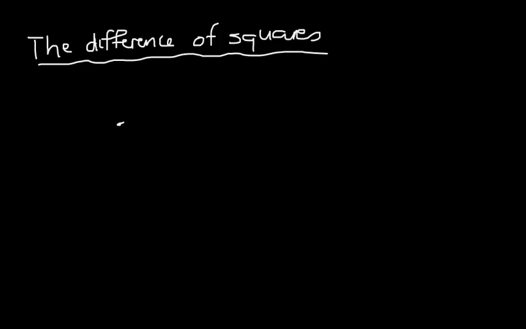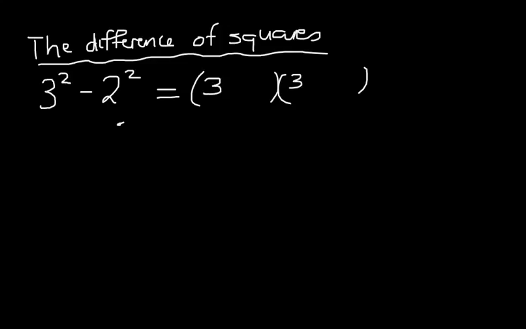If you have like 3 squared minus 2 squared, it gives you the square root of the first one, which is 3, and the square root of the second one, which is 2, and then you plus and you minus.